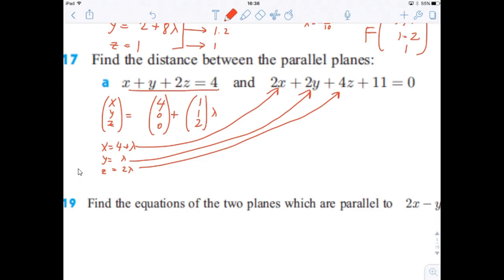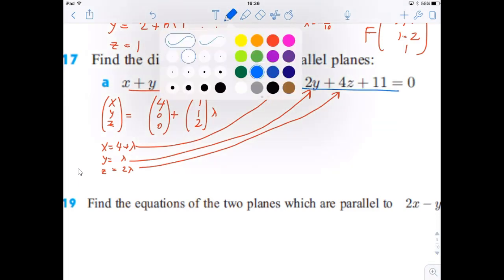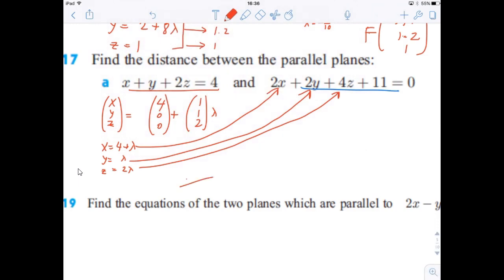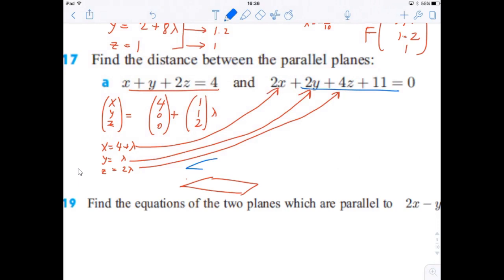So let's say that this is the red plane, and this is the blue plane. What I'm doing is taking the red plane and the blue plane, which they told me are parallel to each other, and I could confirm it by looking at the coefficients. And I drew a line that's perpendicular to the red plane, like that.